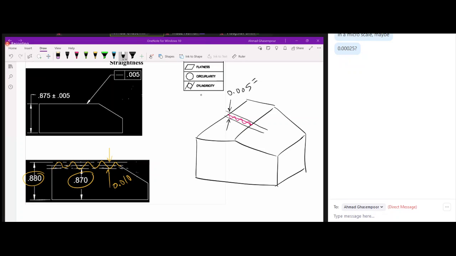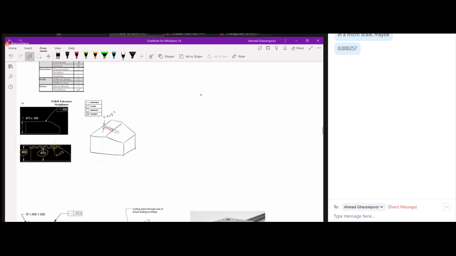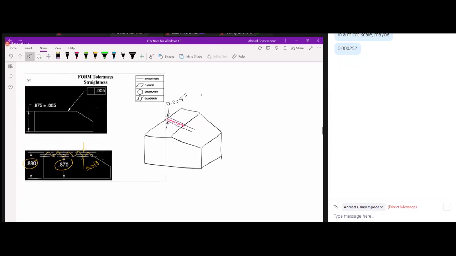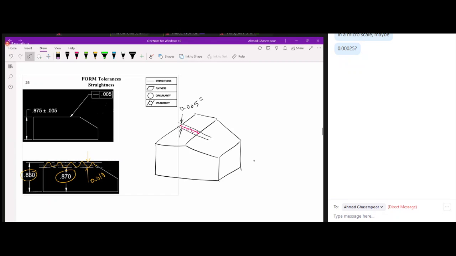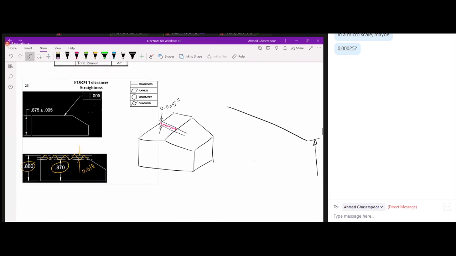Okay. So that's basically what straightness means. You have to be careful that it does not control orientation, right? So that top surface could be tilted, within the tolerance of size, right? So one end could be, what was it, 870?